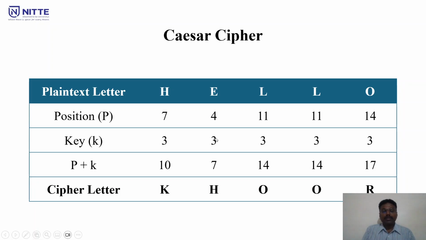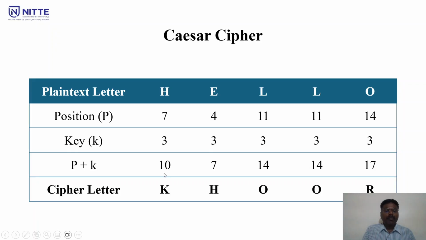So I'll substitute below each letter's positional value with the key value. As shown previously, the equation for encryption is C equals (P plus K) modulus 26. Now I perform 7 plus 3 is 10, 4 plus 3 is 7, 11 plus 3 is 14, 11 plus 3 is 14, and 14 plus 3 is 17.